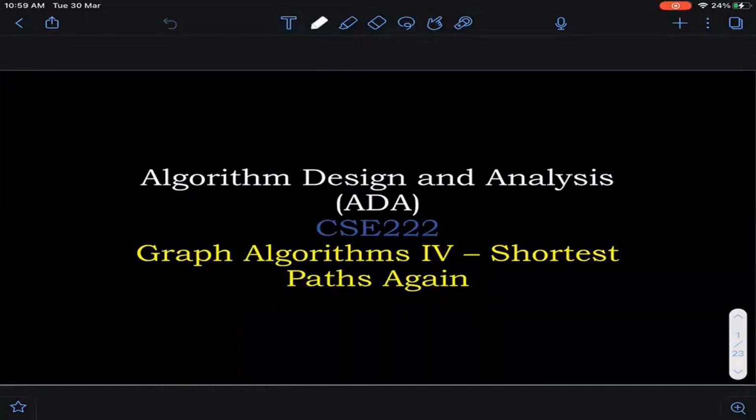Okay, so the first question you should ask at this point is, why do we care about another shortest path algorithm? We have studied a very efficient algorithm to compute shortest paths. It works in time E times log E, or E times log V essentially, which is perhaps the best that you can do.